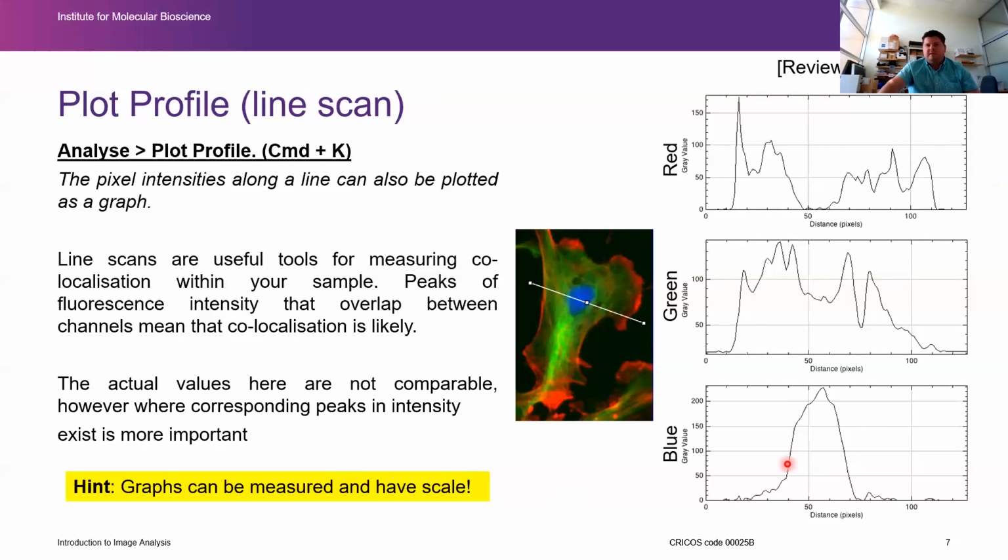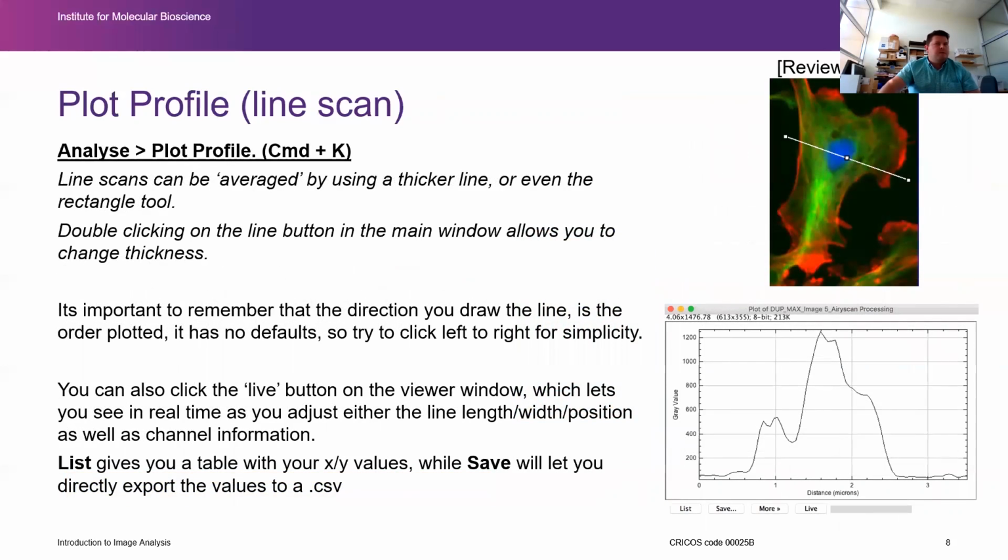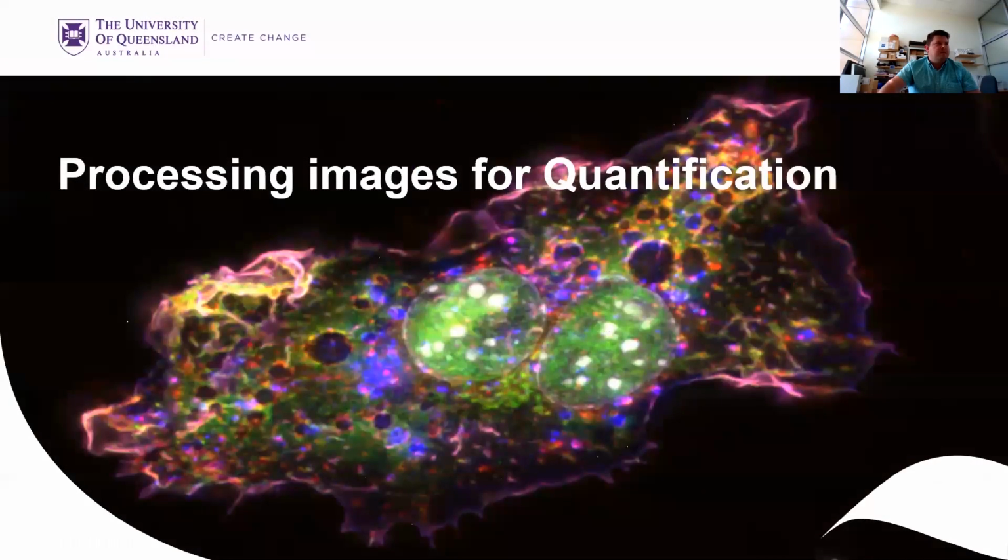So if you want to measure the width of the nucleus, you could draw across here, and if it had scale, it would tell you. Now this example doesn't because it's got pixels, but that's just one of the ways that you can measure things.